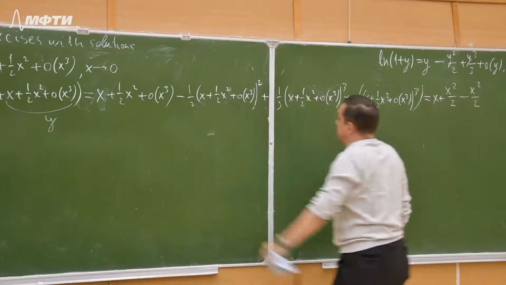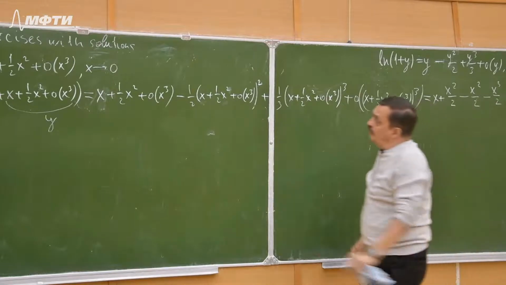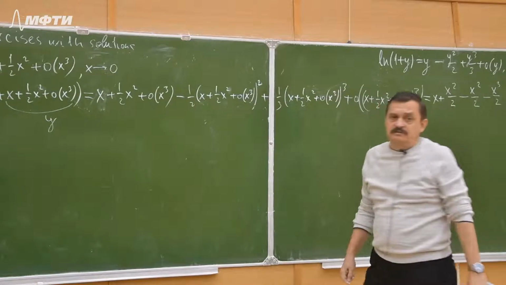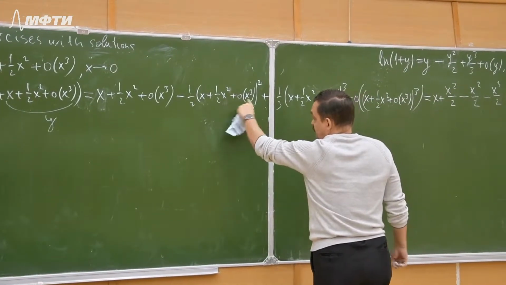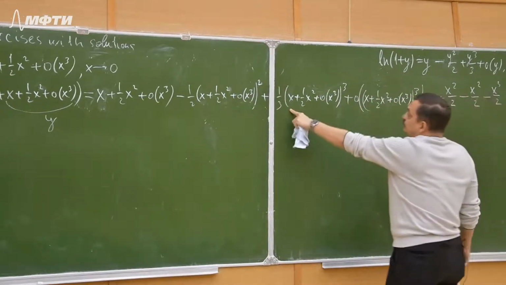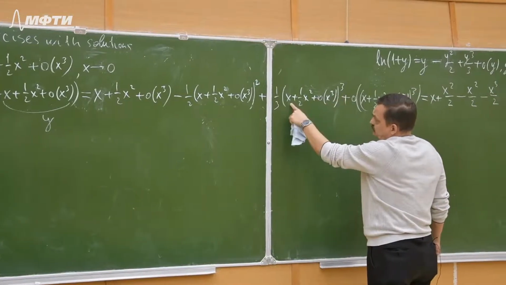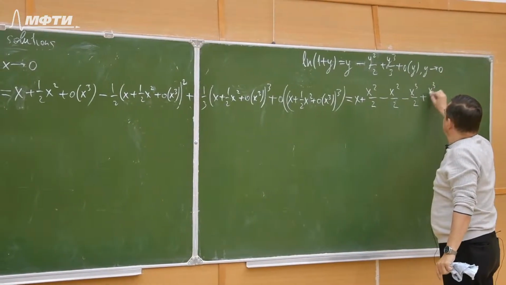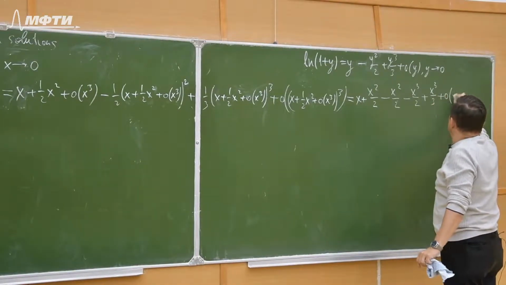So minus x cubed over 2. All other terms in this square contain larger powers of x than cube. In the cube we need only one term, the cube of the first, x cubed, so plus x cubed over 3. All other terms are in little o of x cubed.